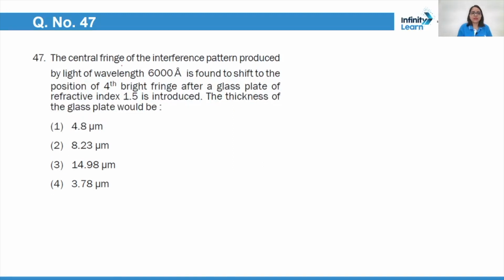Question number 47. The central bright fringe of the interference pattern produced by light of wavelength 6000 angstrom is found to shift to the fourth bright fringe after a glass plate of a given refractive index is introduced. The thickness of the glass plate is? So over here, basically n lambda will be the location.